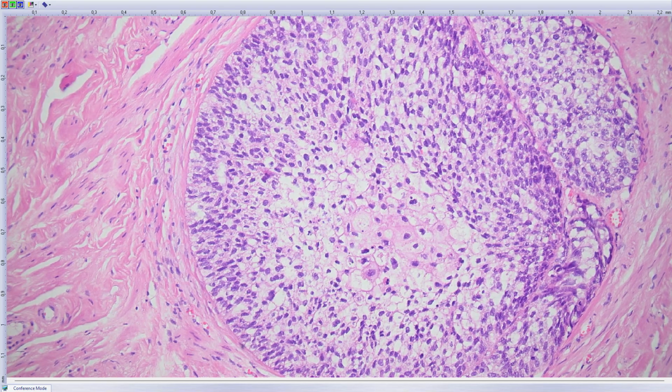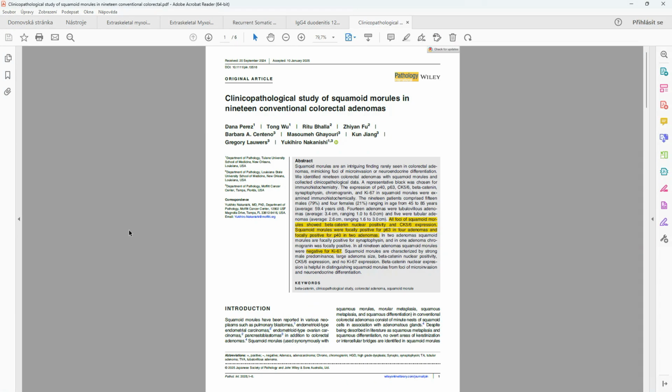And I will show you the latest paper on this entity, squamoid morules in conventional colorectal adenoma. So you should be aware that the entity exists. You may find squamous morules within adenomatous polyps, and it's a completely benign lesion. Okay.